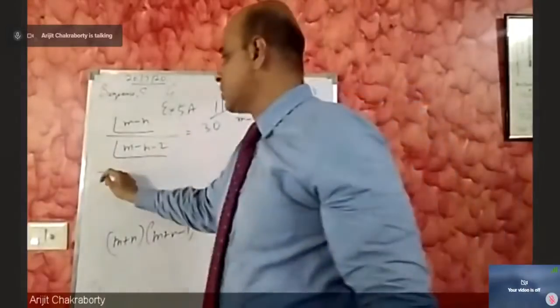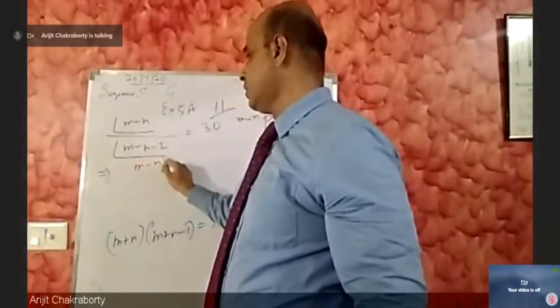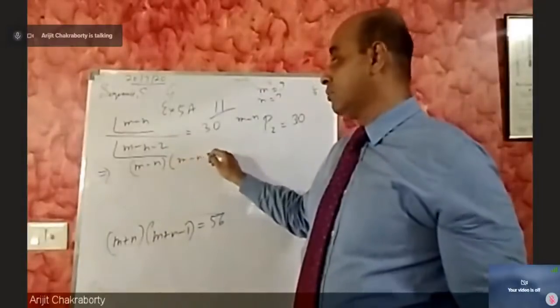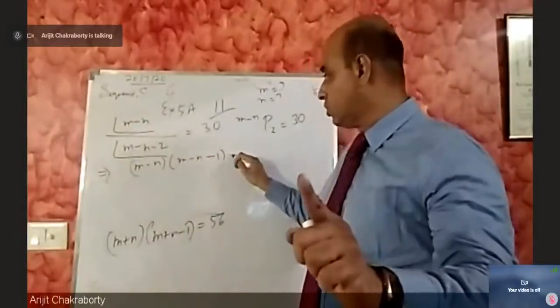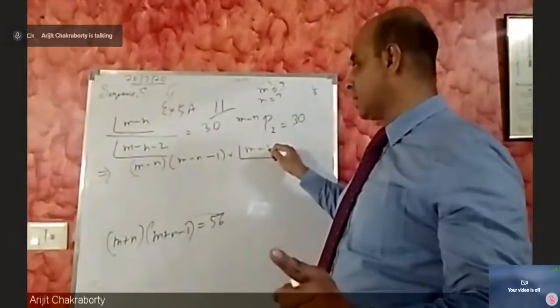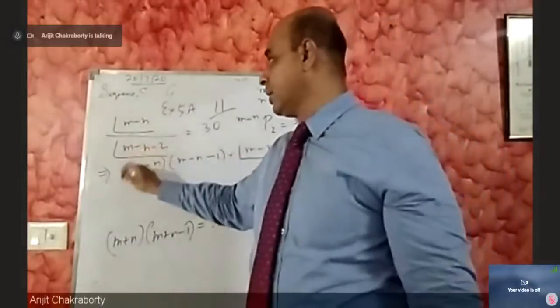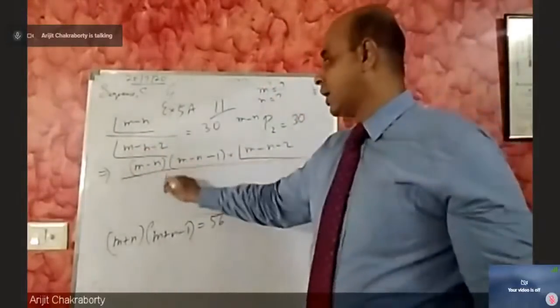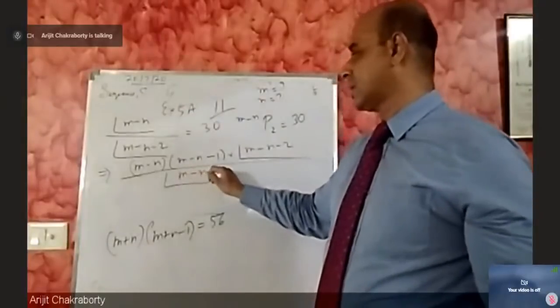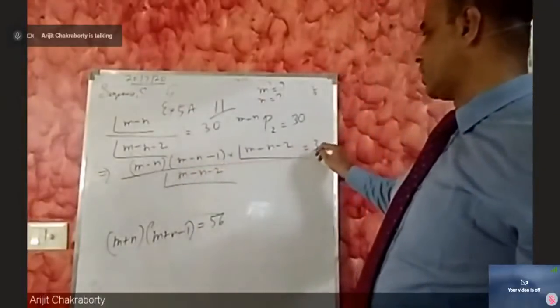(M−n) factorial means actually (m−n) into (m−n−1) into (m−n−2) factorial, and in the denominator you have again (m−n−2) factorial. This is equal to 30.